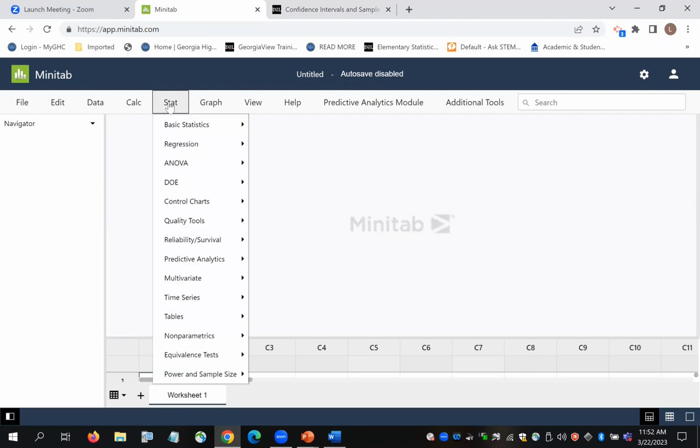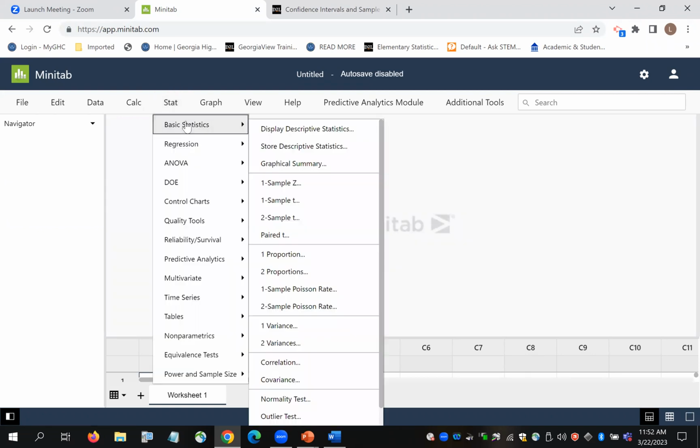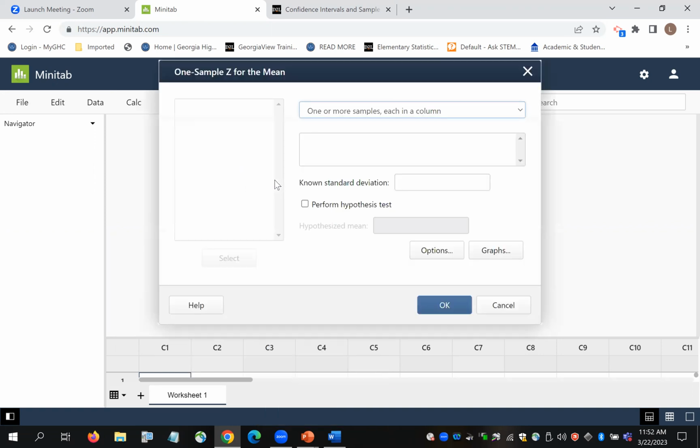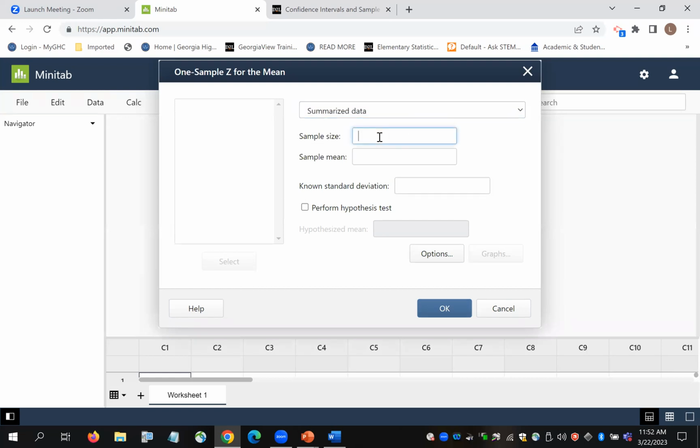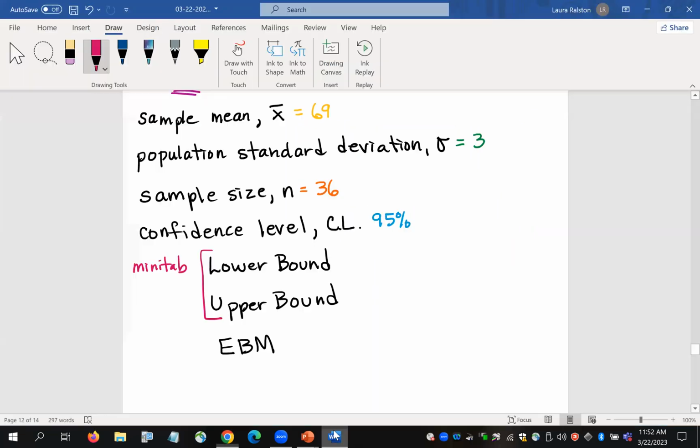Stat, basic statistics, 1 sample Z. I have summarized data. My sample size was 36. The sample mean was 69.